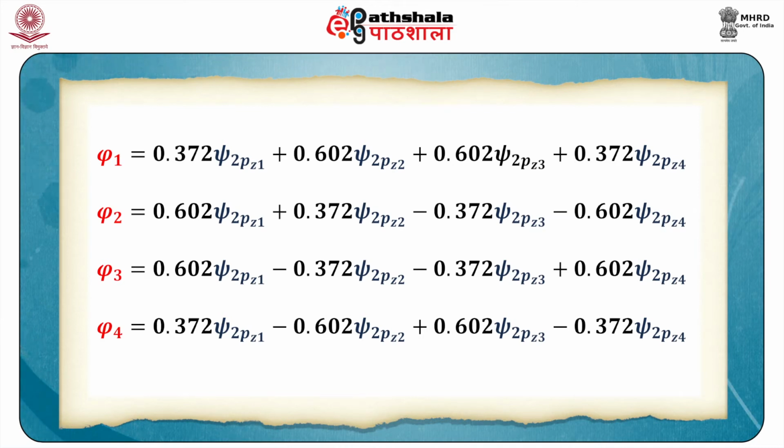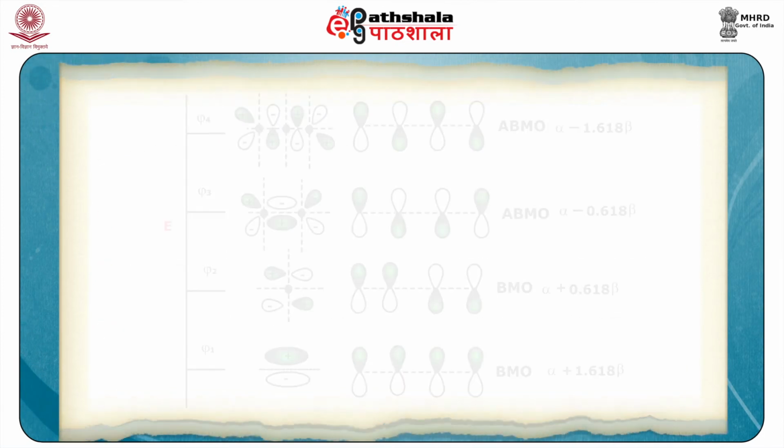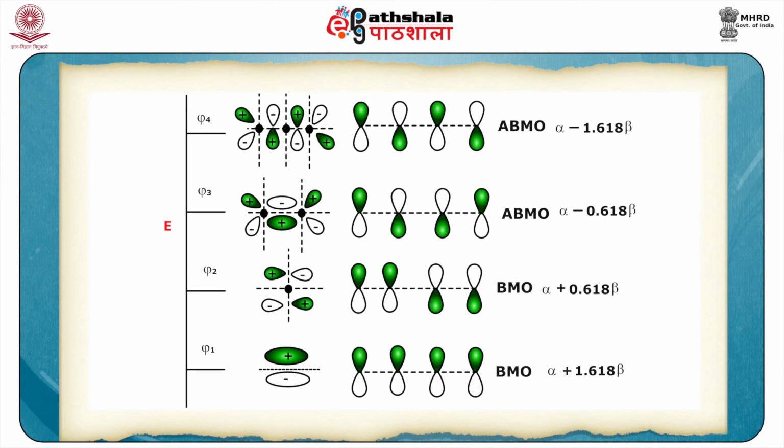Once we have got these 4 molecular orbitals, out of which 2 are bonding molecular orbitals and 2 are anti-bonding molecular orbitals, and as we can see from the equations, the pictorial representations of these molecular orbitals can be shown as given in this.